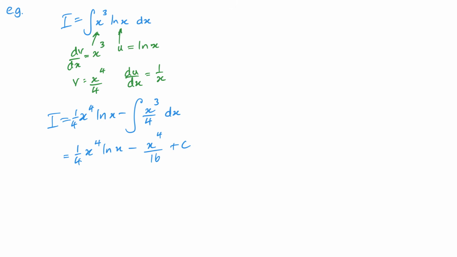Now, the only thing left to show you is what happens with limits. So let's look at this one, and I'm going to add in some limits here. And you can see I've just added in the limits 2 and 1. So what happens is you do your integration as normal here, the integration by parts, and when we get to our first line here, what we want to do is make sure that our u and v are in our limits, and that those limits are also applied to this new integration.